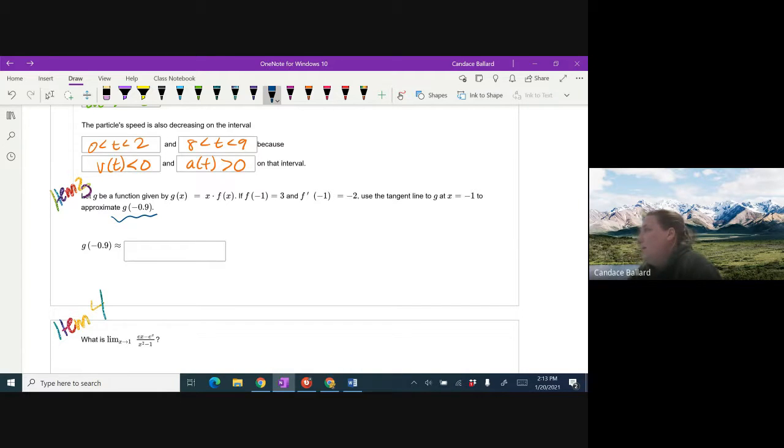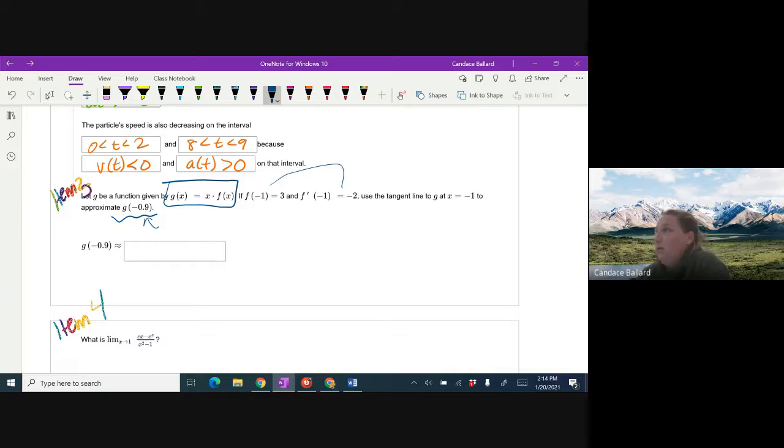You tell me that in the chat. Okay, so I know we've got to do something with the product rule that's going on there too. We need a point, we need a slope. The catch is that we need the point and the slope of G, and we're going to put that into the equation of a tangent line to do this estimate.